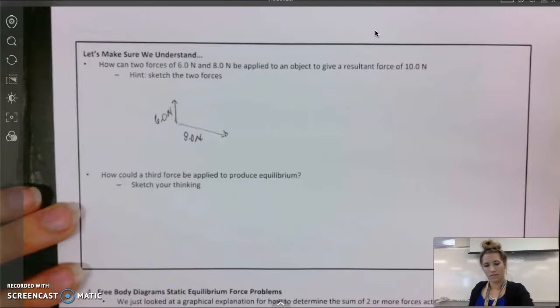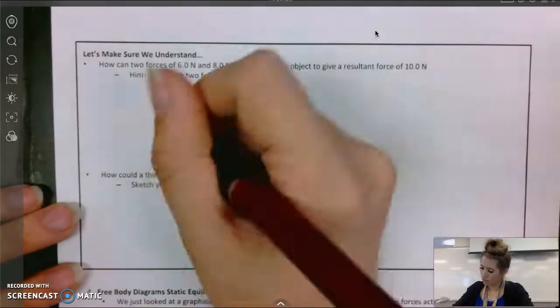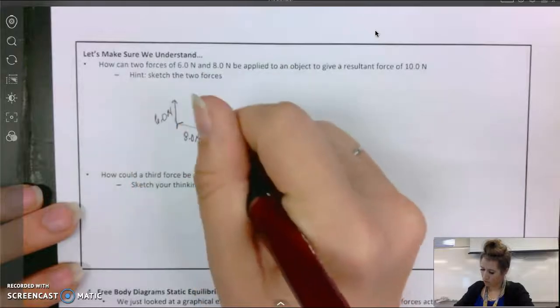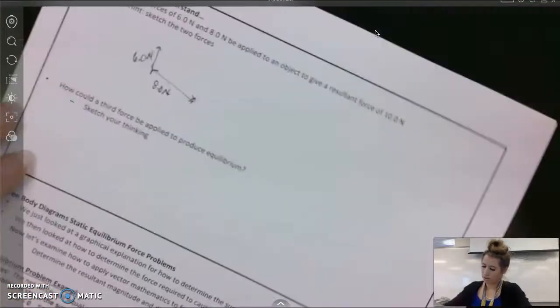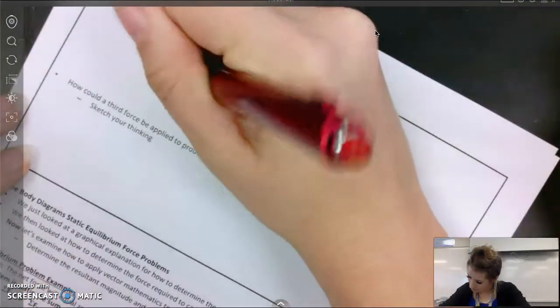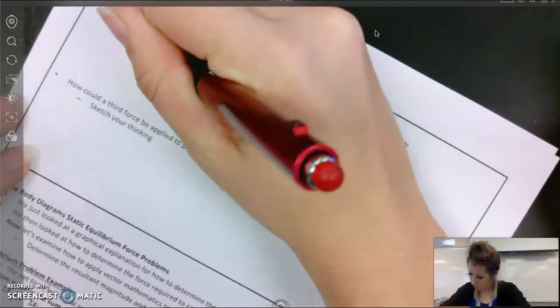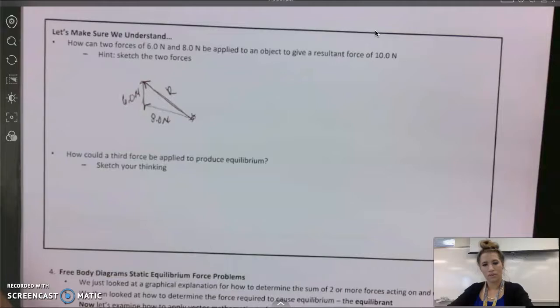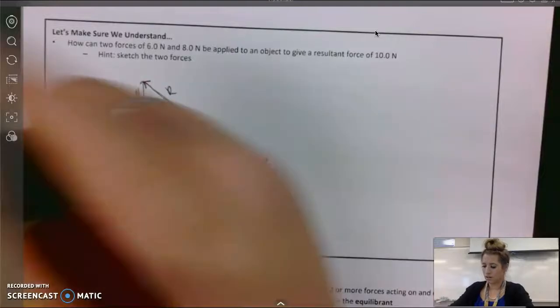Okay. Actually, let's draw this the other way. So we'll do 8 plus 6, which will give us this resultant. Okay. So how can two forces, 8 newtons and 6 newtons, be applied to an object to give a resultant of 10 newtons?